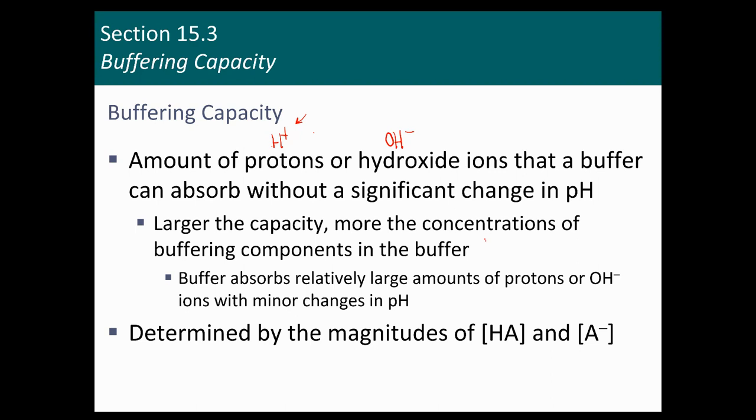So we want buffers to be made with high concentrations of the weak acid and high concentrations of the conjugate base. And so the other part, though, is going to be what ratio of those is going to make for a better buffering capacity. So that's what we're going to explore in the next few slides.